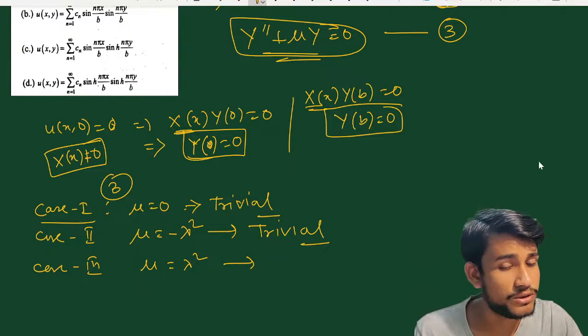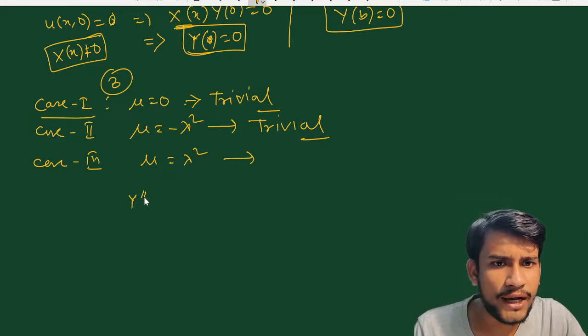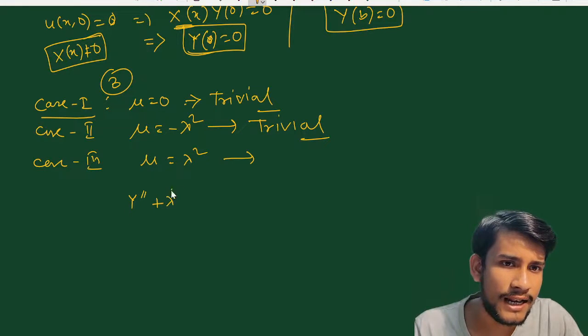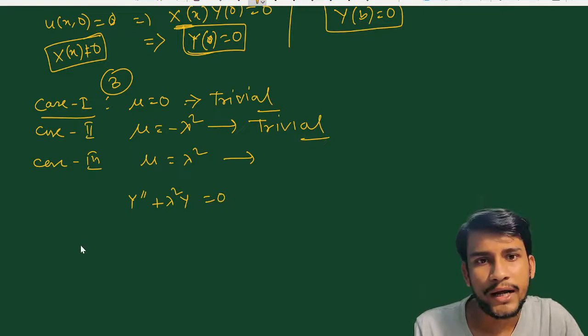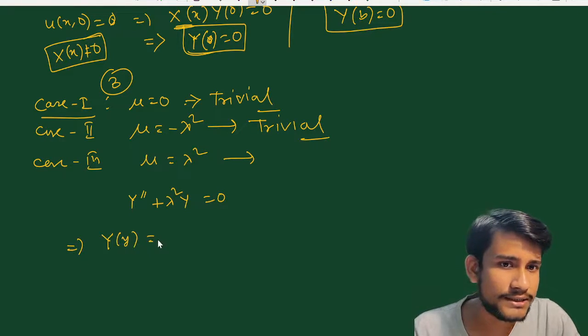So mu equal to lambda square means Y double dash plus lambda square Y is equal to 0, and we already know the solution. So Y is equal to A cos lambda y plus B sin lambda y.